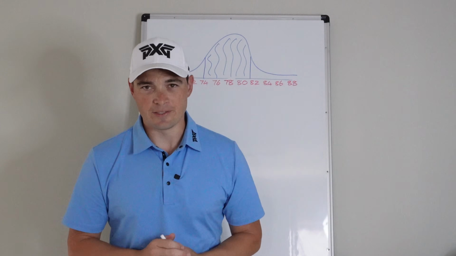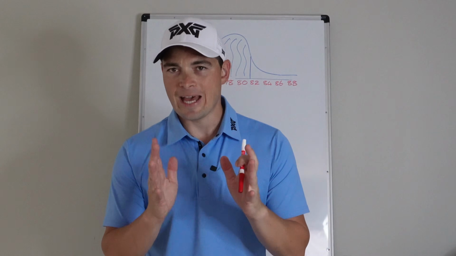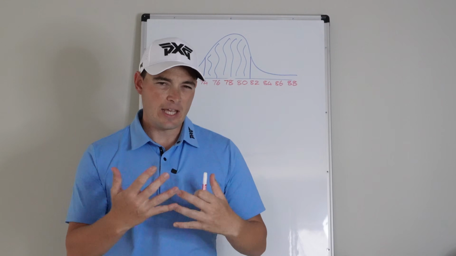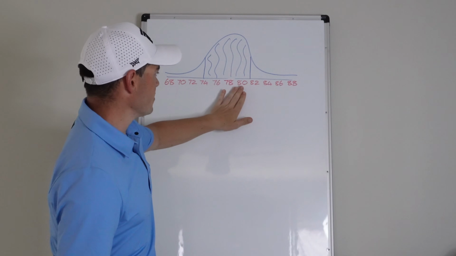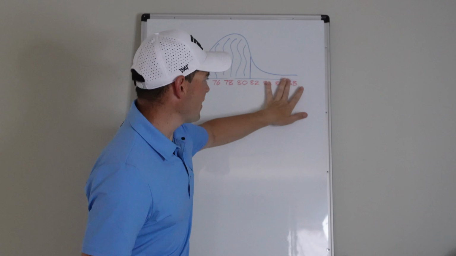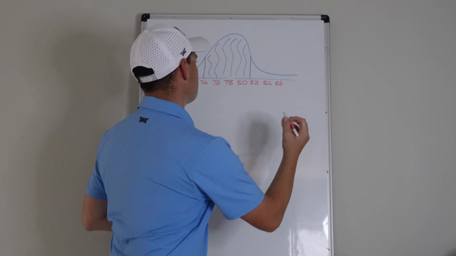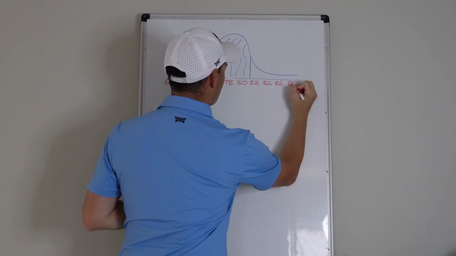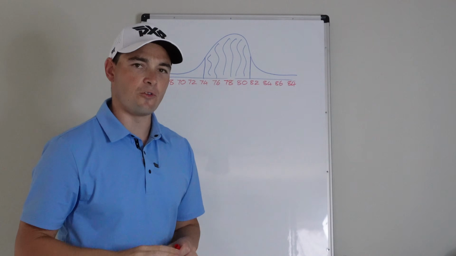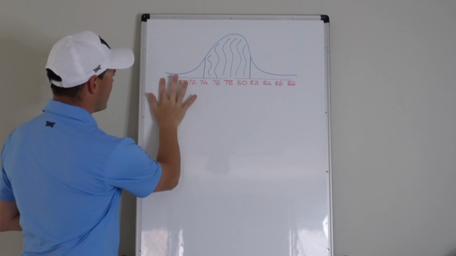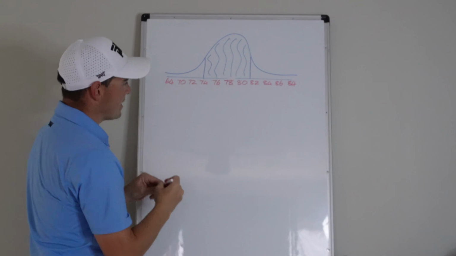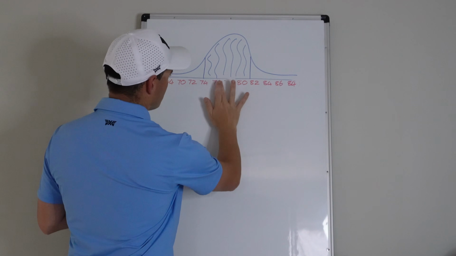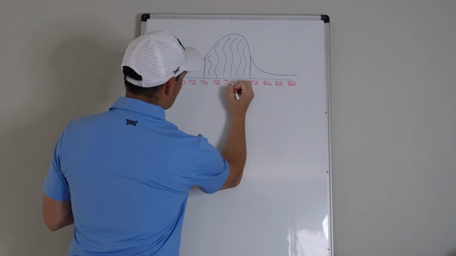So the question remains, does consistency actually exist? Here's my thoughts. All we're trying to do is reduce these numbers. So if we take out that 88 and maybe we produce an 84, we've just dropped 4 shots, because then it makes this number here possibly a 64, which then makes our middle number around about a 74.